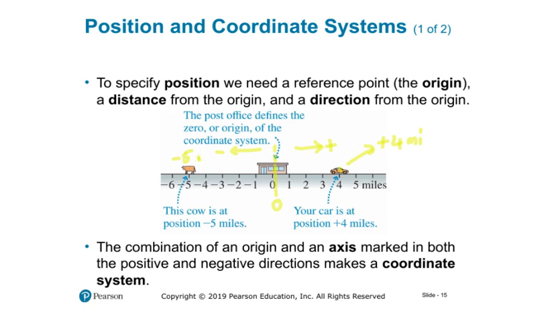The cow is at -5 miles. Looks like 6, doesn't it? -5 miles means the cow is 5 miles west of the post office.